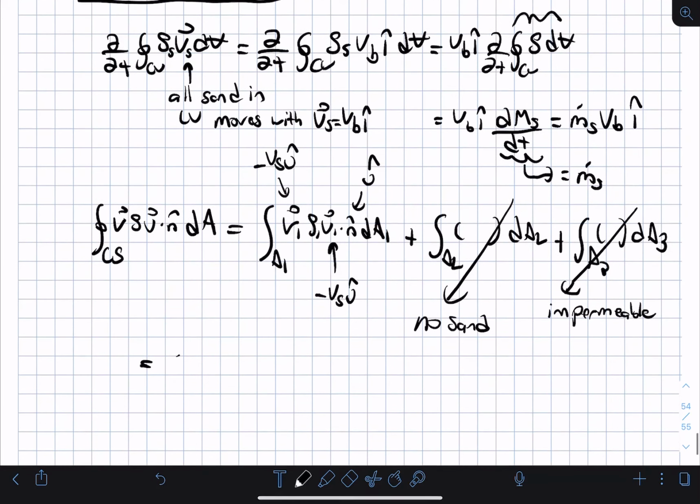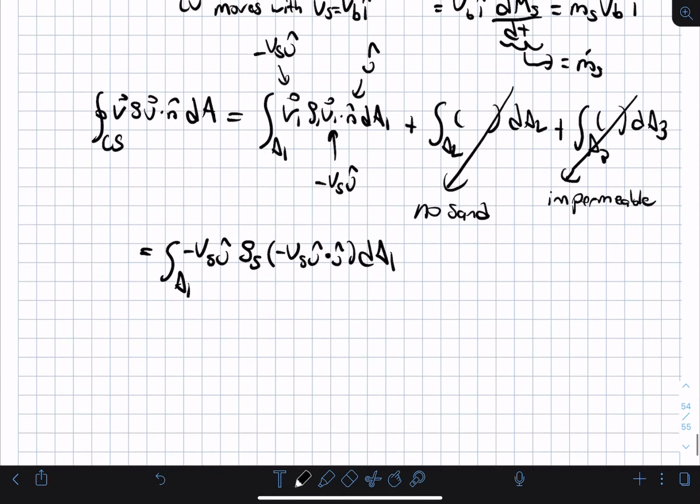So we have the integral over A1 of minus Vs j hat times the density of material at section 1, and that's just the density of the sand, times the dot product here. So that would be minus Vs j hat dotted with j hat over dA1.